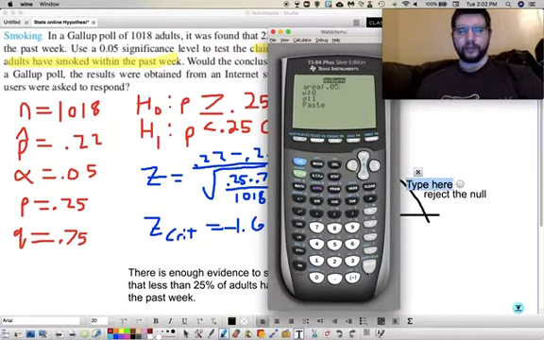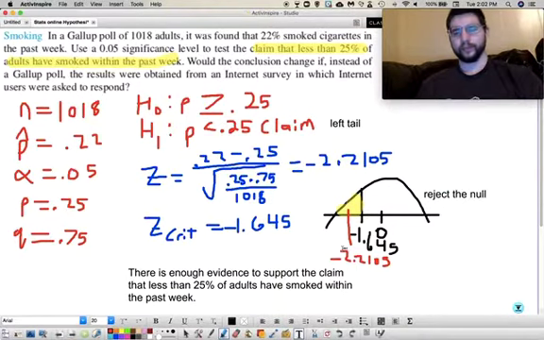For 0.05, and we get negative 1.645. There it is. So we sketch it, see that it's in the rejection region, reject the null, claim is in the alternative, there's enough evidence to support the claim. And we're done. That's how you do a hypothesis test.